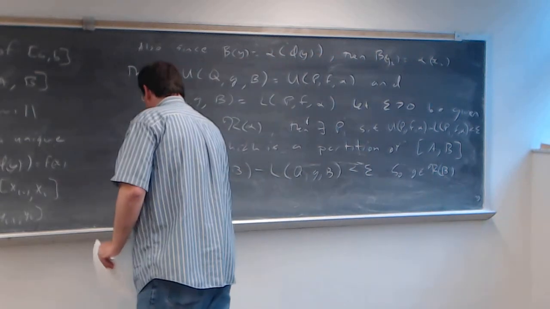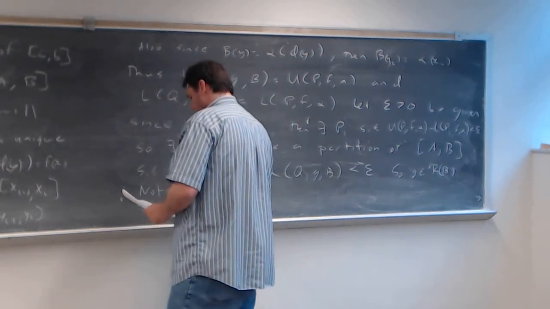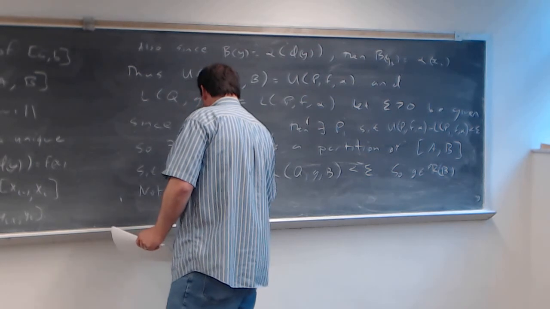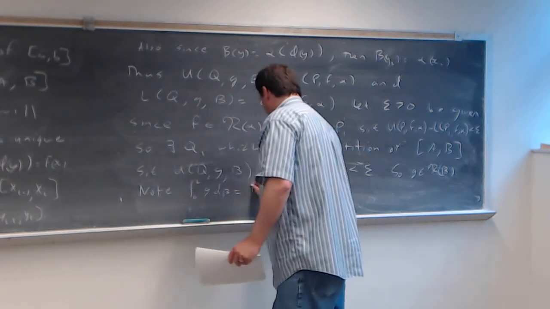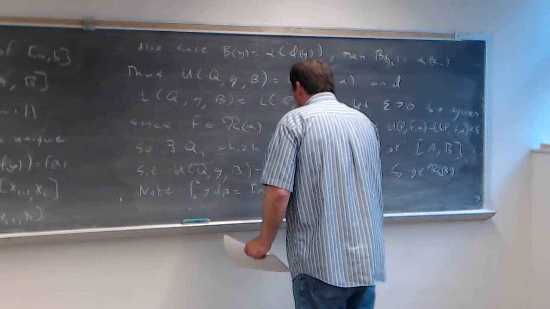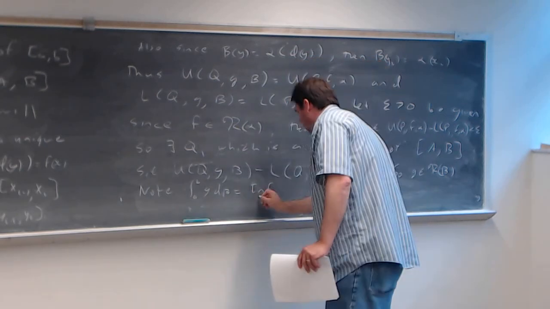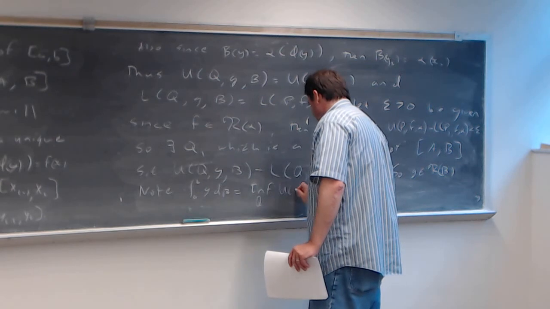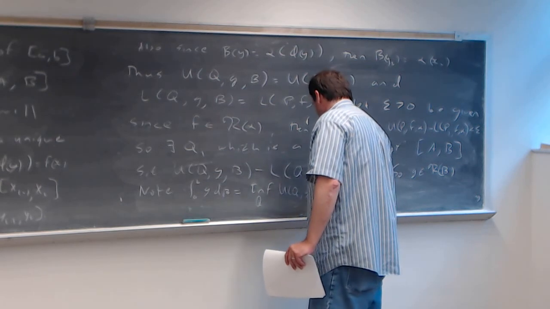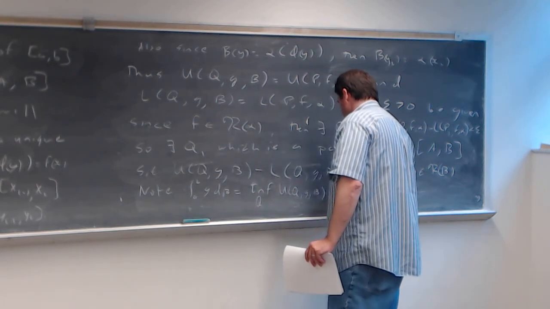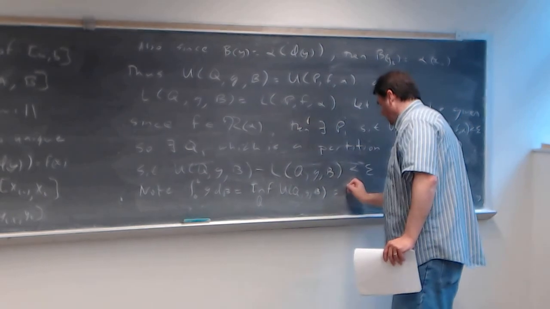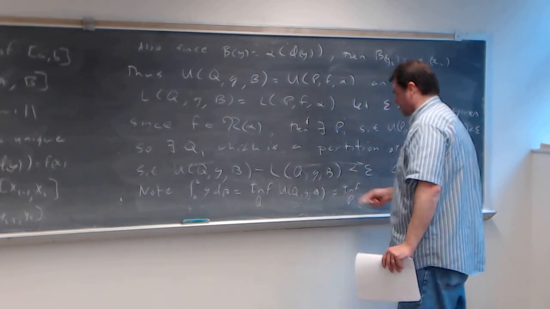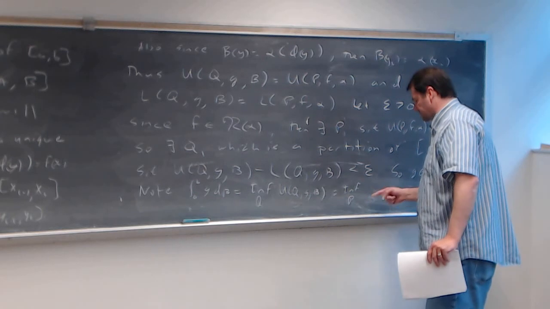Now note, the integral from A to B of g d beta is going to be equal to the infimum over all partitions Q of the upper sums, but that's going to be equal to the infimum over all partitions P. Remember, this Q is partitions of big A to B, and this P is partitions for little a to b.